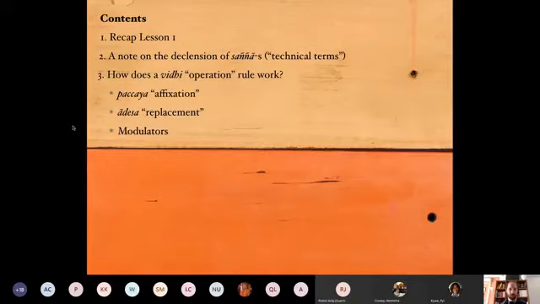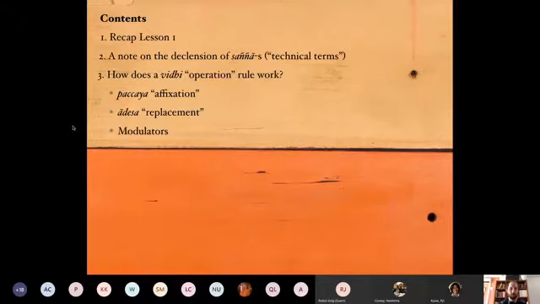We are going to see 2 main types of vidhi rule, that means operation rule. Some of these rules are called paccaya. Paccaya literally means an affix, but we call these rules also paccaya rules, that means affixation rules. Another type of vidhi rule is ādesa, that means replacement. In Sanskrit, it's called ādeśa. That's the second type that is also very important for understanding vidhi or operation rules.